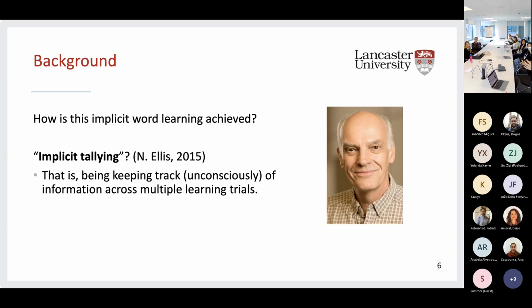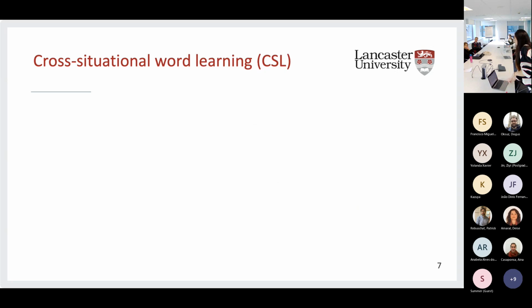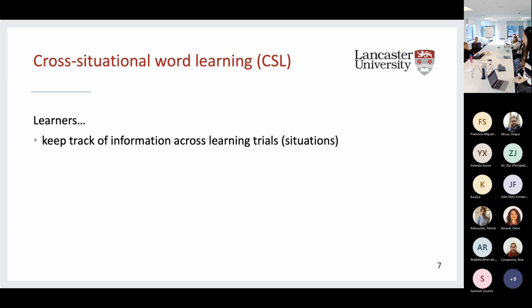They're not aware of that, but they can keep track of the information. We would like to look at this using a paradigm called the cross-situational word learning paradigm. In this paradigm, learners keep track of the information across learning trials or situations, accumulate it, and use it to learn the words.